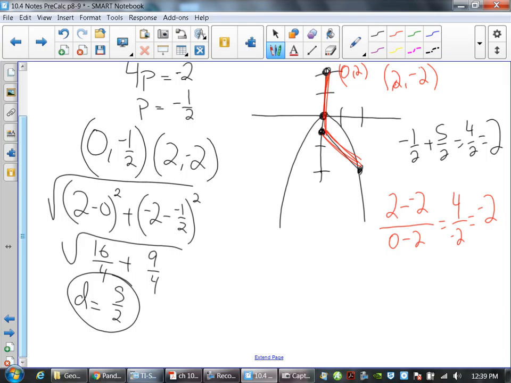I get a slope of -2. Perfect. And we are given our y-intercept at +2. So our equation is y equals -2x plus 2.